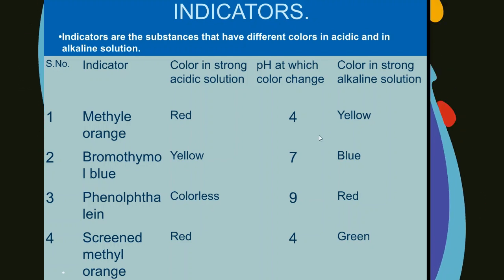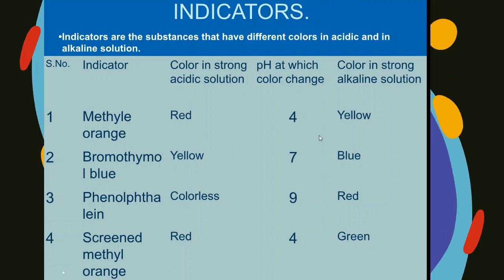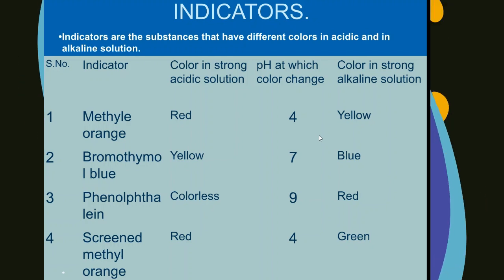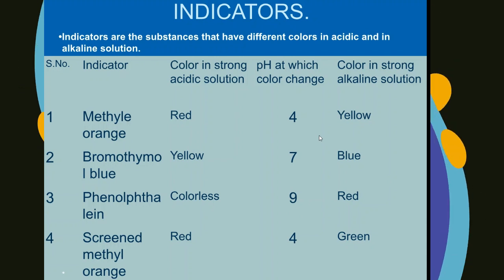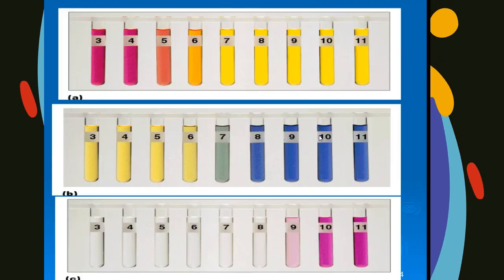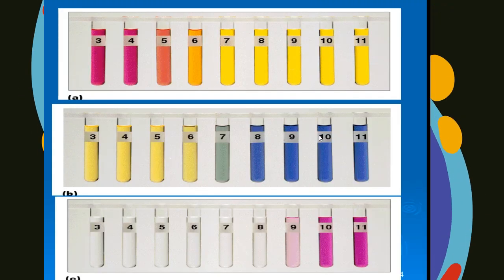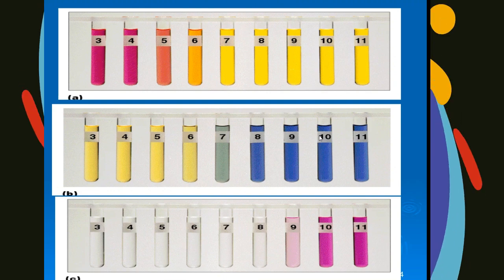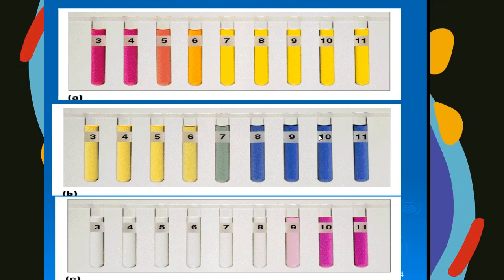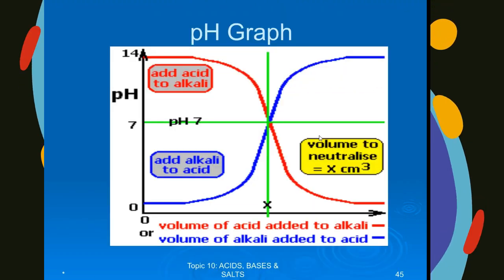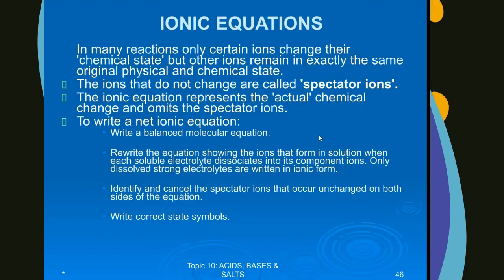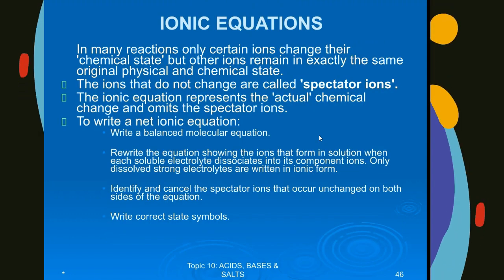Screened methyl orange shows red in acidic solution at pH 4, and in base it shows green. You can see the examples here with the pH scale. This is also about the pH graph.